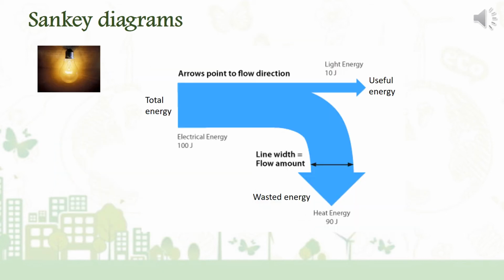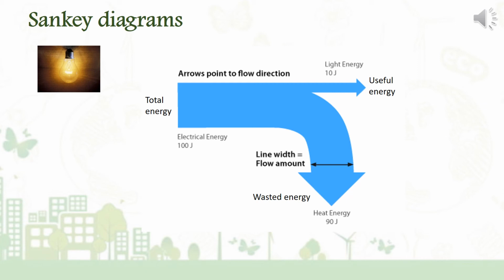Since we were talking about energy wastage, now we will learn Sankey diagrams. What are Sankey diagrams? The energy conversions that take place in a system can be summarized using Sankey diagrams. A Sankey diagram shows both the type and quantity of energy conversions that take place.